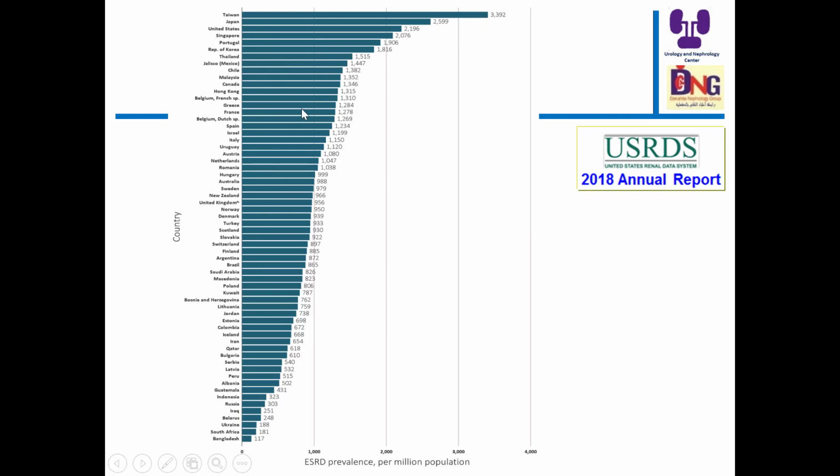If you look here, the prevalence may be so high, like Taiwan, it is more than 3,300 per million population to have end-stage kidney disease, followed by Japan, 2.5 thousand, and you can find a big variation from country to country. So the prevalence of end-stage is variable from the highest prevalent countries to the lowest prevalent countries.